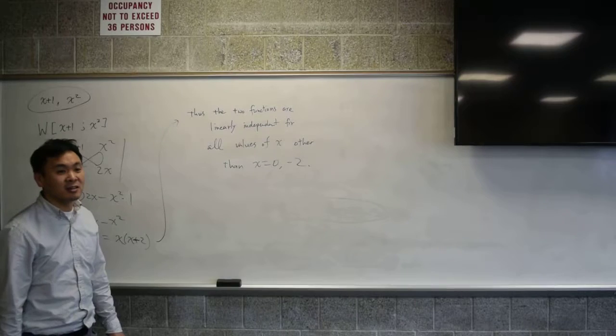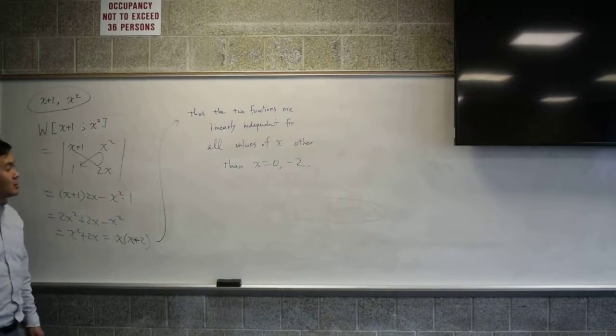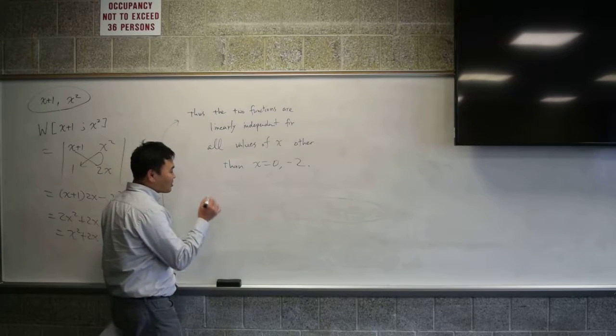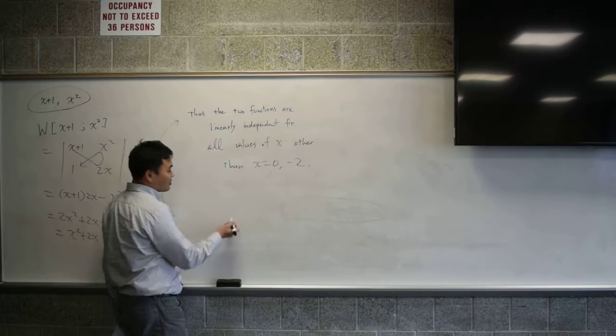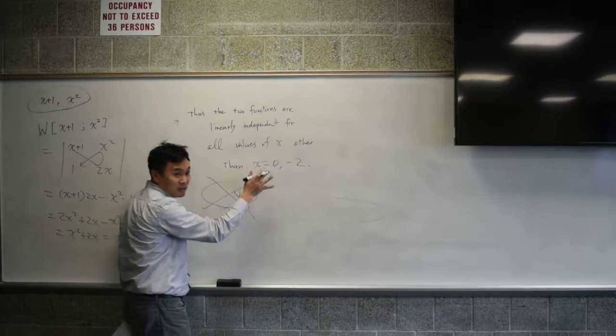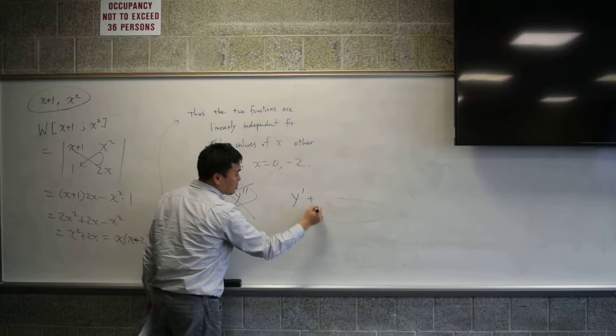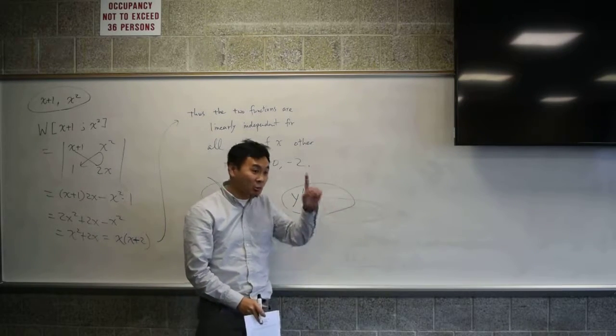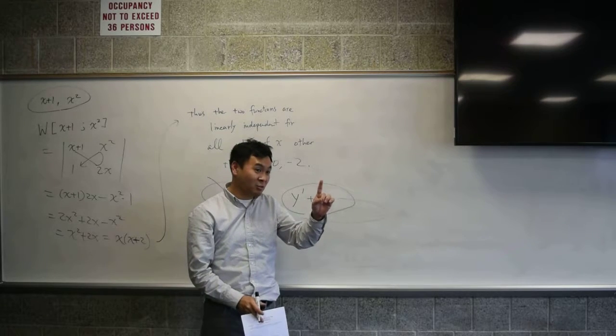Sure. Now, how come it wouldn't be dependent for 0 then? I mean, the intuitive way of thinking of it is that because y double prime suddenly vanishes at these points, the differential equation will be like the first order, in which case you will only be expecting one solution rather than two solutions.